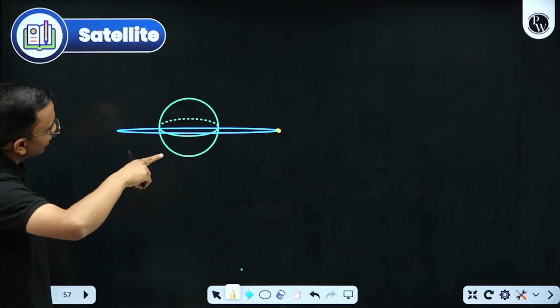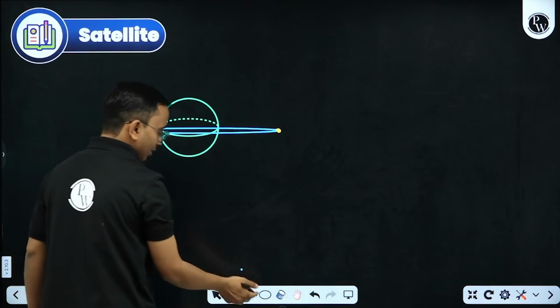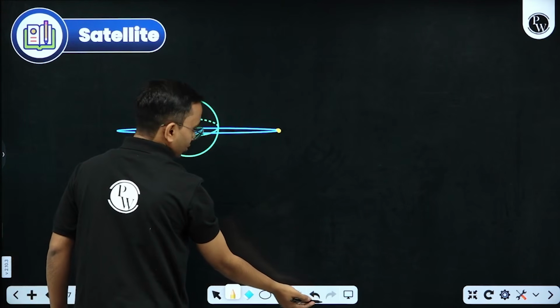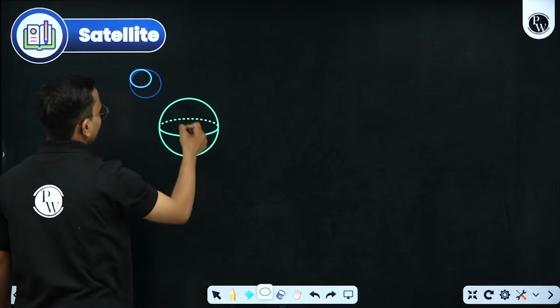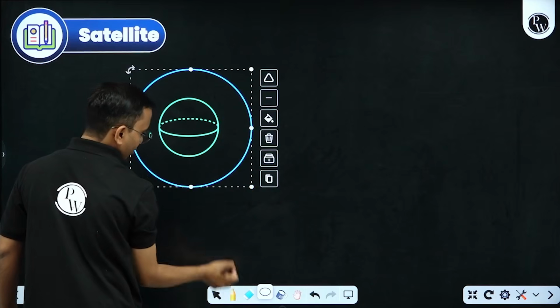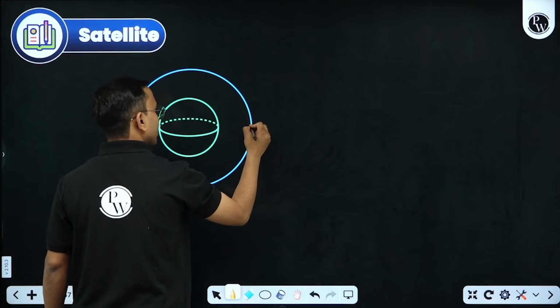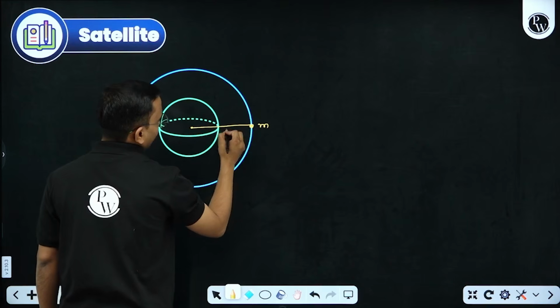This is in 3D. If I draw in 2D, I may draw the top view also, so that will be easier for us to understand. Let us draw the top view. So this is my satellite here, mass m. The radius of the satellite is r.